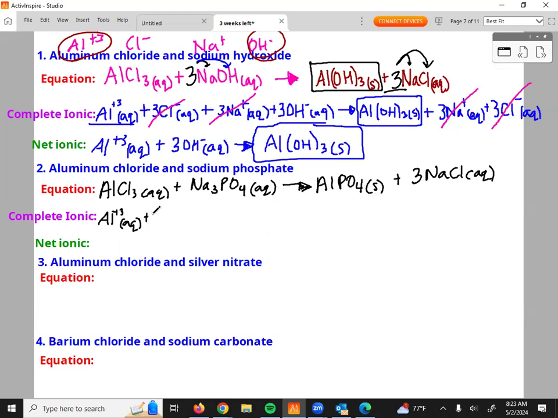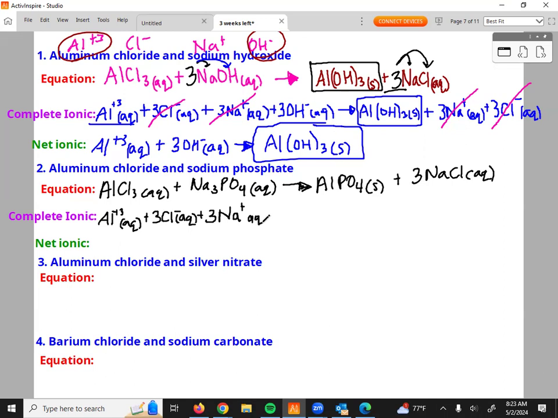3Cl, right? 3, because there's a subscript 3 for that. Don't forget to put the ion charge, aqueous. Okay, what's next after that? Na, but how many Nas is it showing? We got 3. So you gotta put a 3 and then Na plus aq.